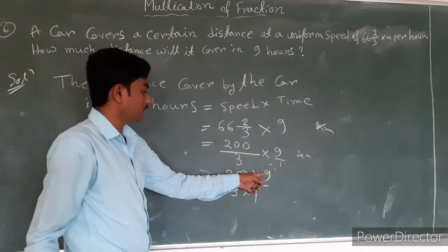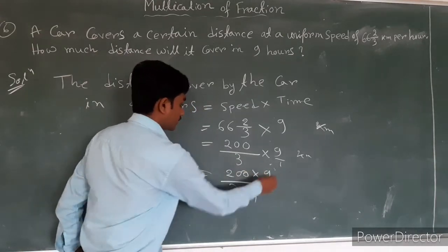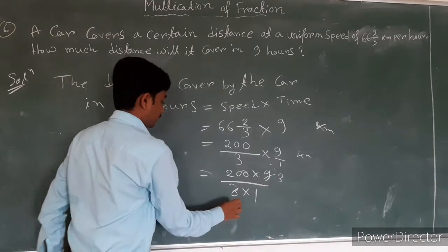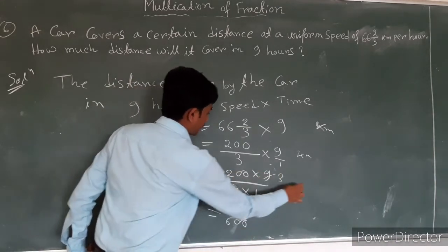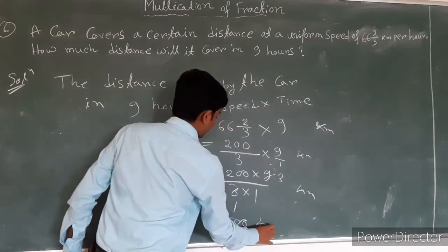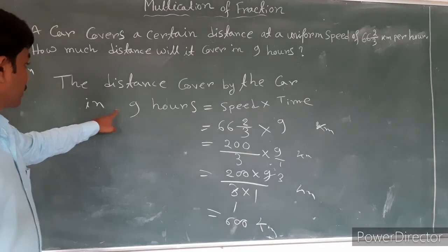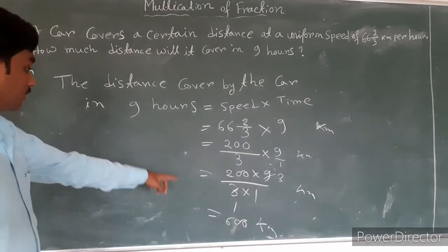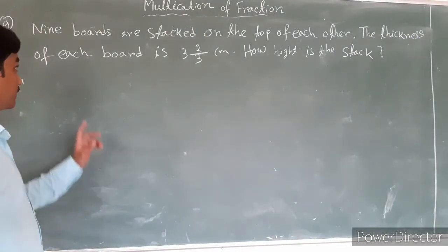Next 3 and 9 are both divisible by 3. So 3 ones are 3, 3 threes are 9. 200 into 3 is 600 kilometers. So the car moves 600 kilometers in 9 hours.